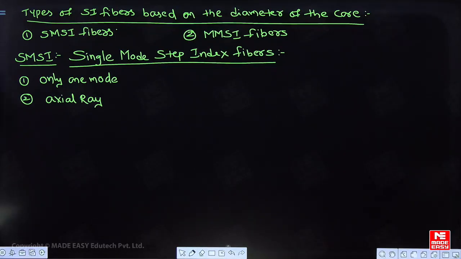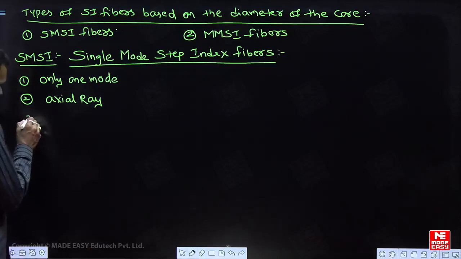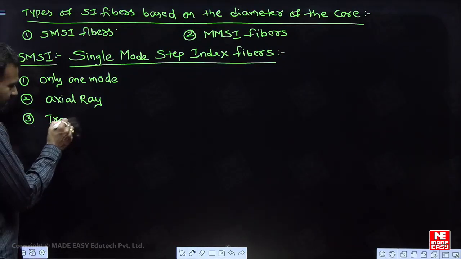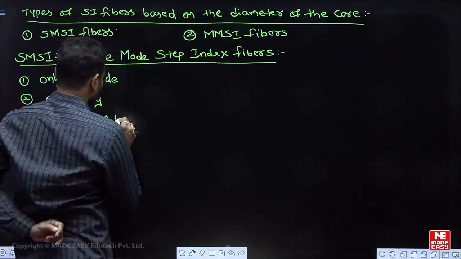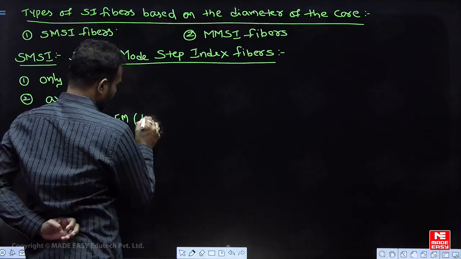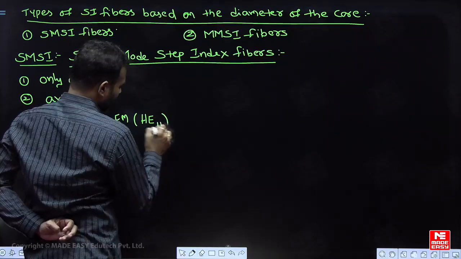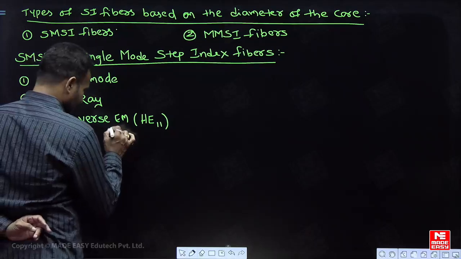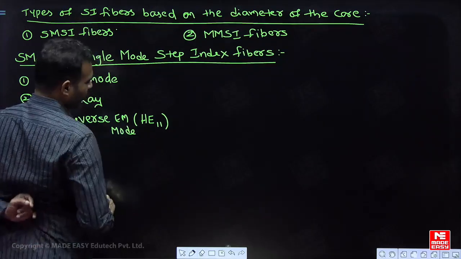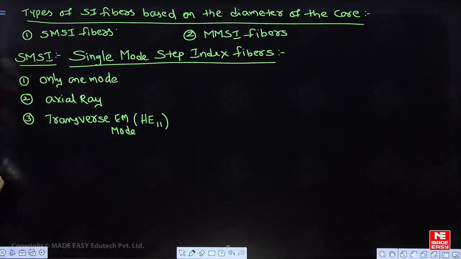So here we have one mode, that is the transverse EM wave, electromagnetic wave, typically the HE11 mode. HE11 stands for hybrid electric 11 mode. So the transverse electromagnetic mode is typically the HE11 mode.